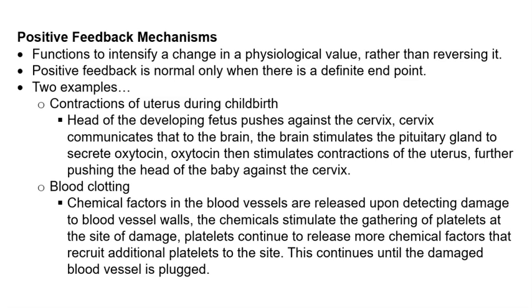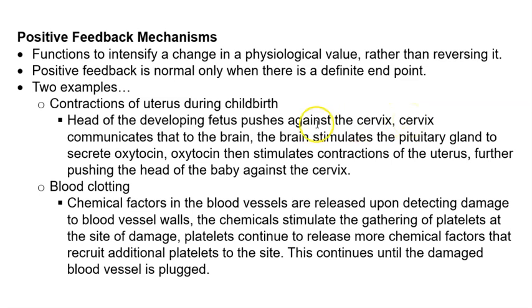And we've got two primary examples of this. The first is contractions of the uterus during childbirth. The second is blood clotting. So we'll examine the childbirth one in just a moment. But what we really see with contractions of the uterus during childbirth is that the head of the developing fetus is going to push against a region in the uterus called the cervix.